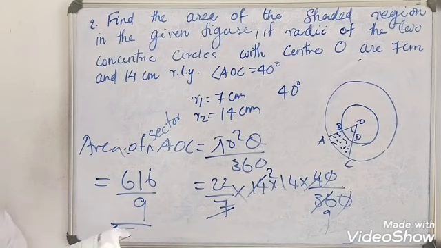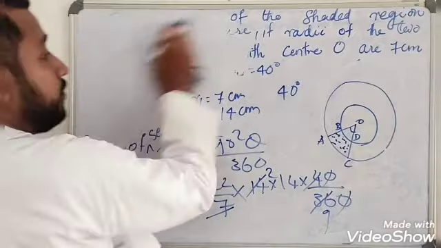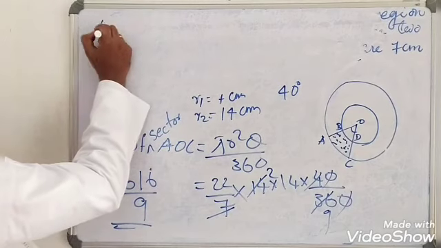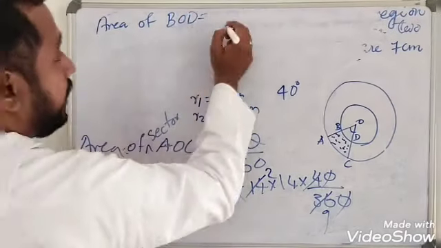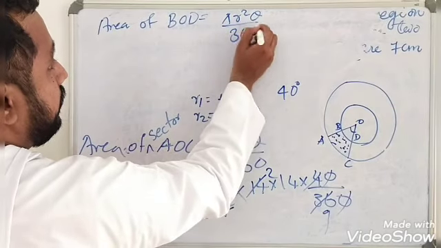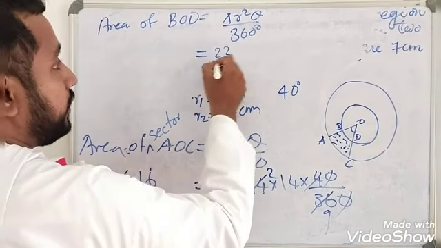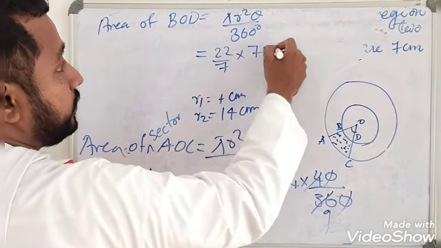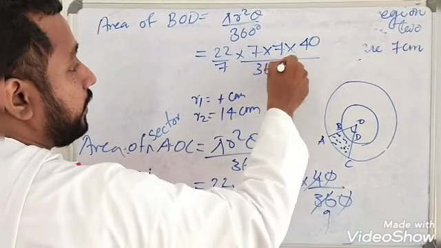Now let us find the area of the small sector BOD. Area of sector BOD, the small sector, is pi r square theta by 360 degrees, which is 22 by 7 into radius 7, that is 7 into 7, theta is 40 by 360 degrees.